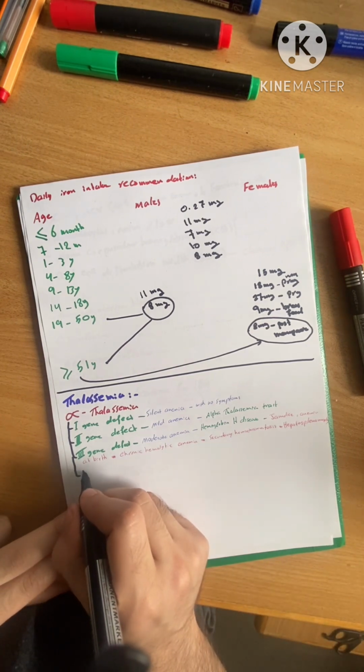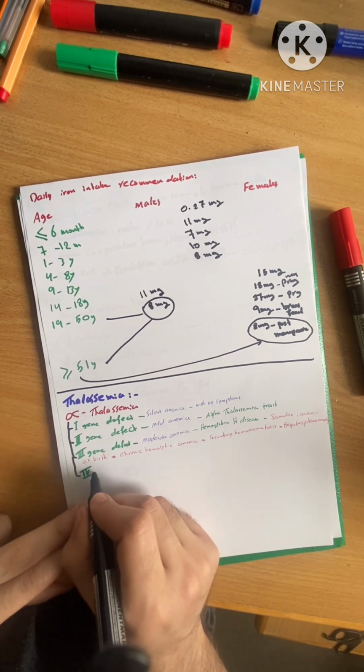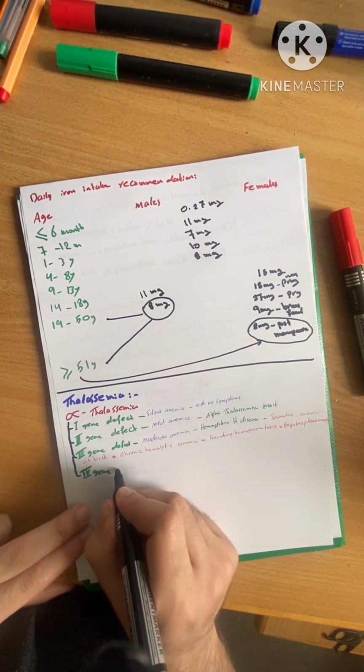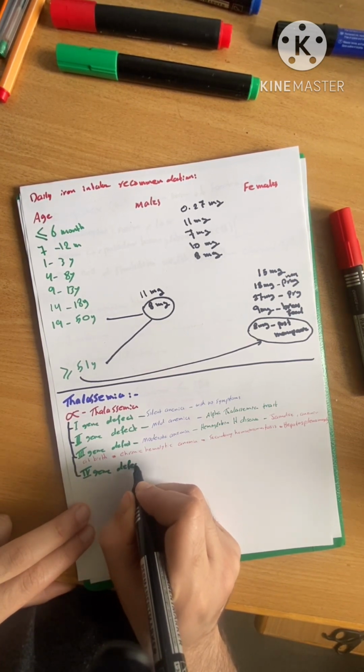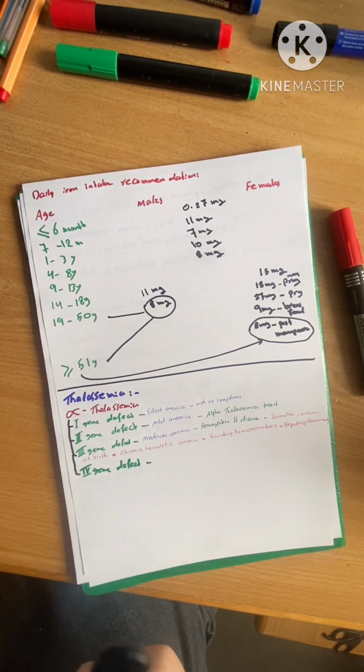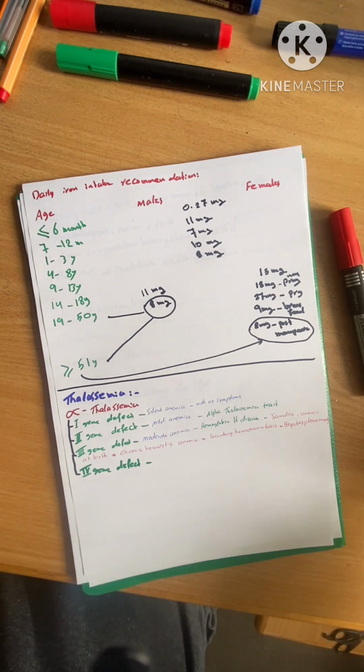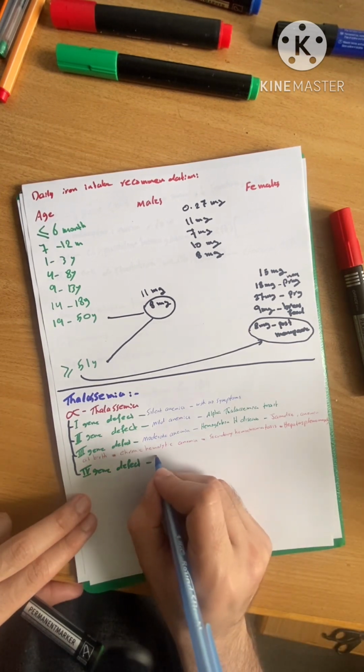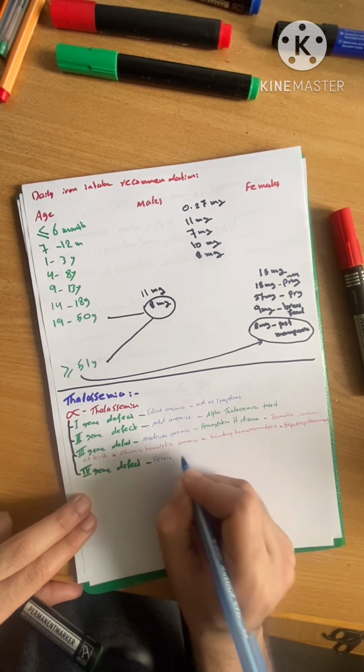4th degree, where 4 genes are defective. Here we are having severe anemia.